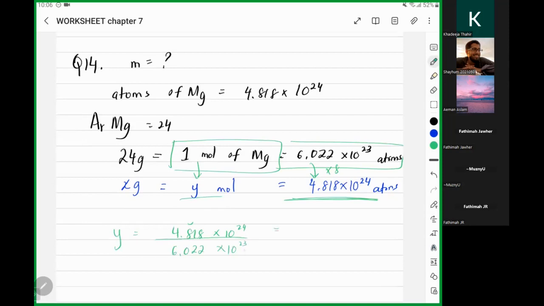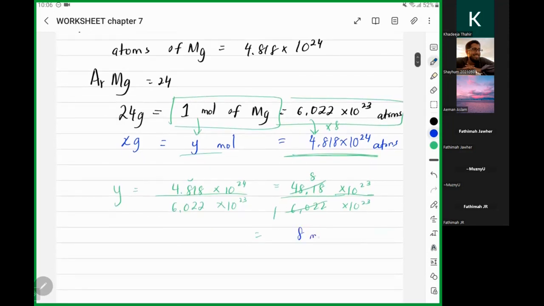So if you can't do the powers, what will you do? You make the powers common and we'll make it 48.18. Okay. And this will remain as this. So this will be 1 here, 8 here. So you will in fact get 8 moles. 8 moles of magnesium.